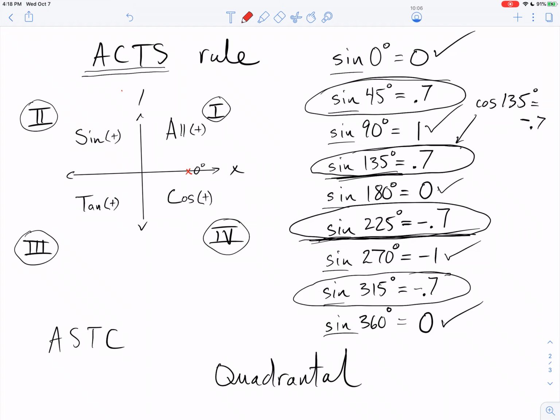You can't. Quadrantal angles are the ones that you cannot draw a right triangle for. A 0-degree angle, well, you're not going to have much of a triangle there. But a 90-degree angle, you can't draw a right triangle with two 90-degree angles in it either.